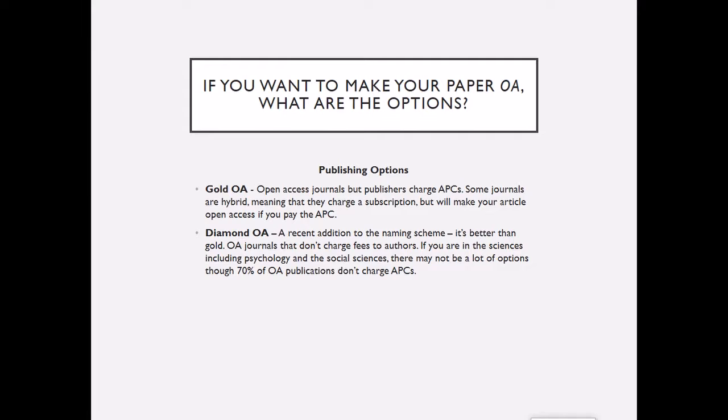That is where you don't have to pay anything, and you can submit to hopefully a higher impact journal. Even though that's become a new category, especially in humanities, about 70% of the total scholarly publication are journals that don't charge anything.